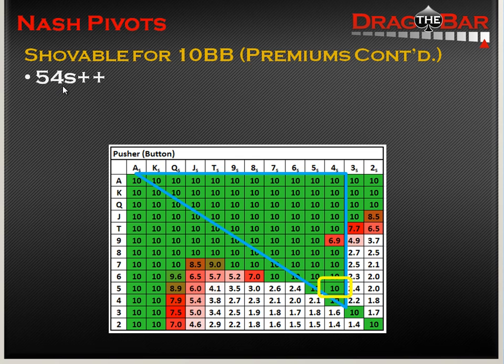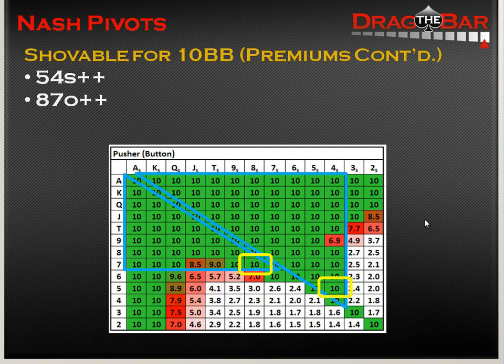So for example, 6-4 you can shove if it's suited, and 6-5 you can shove if it's suited. If either or both of these cards are greater than 5-4, then you can shove it. There's only really one mistake here, the 6-9, which is tolerable and not a big deal. We also miss one hand, Jack 3 suited, which is a 10 big blind shove hand. We'll talk about how to deal with that later.